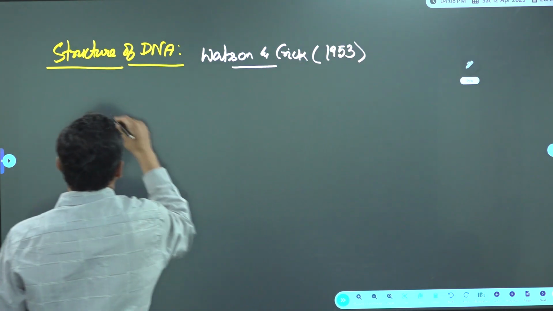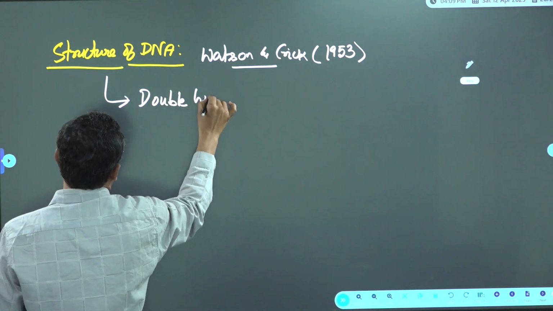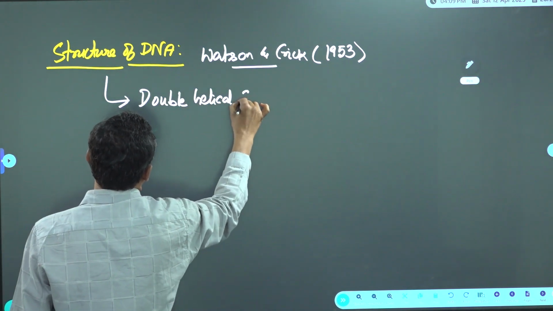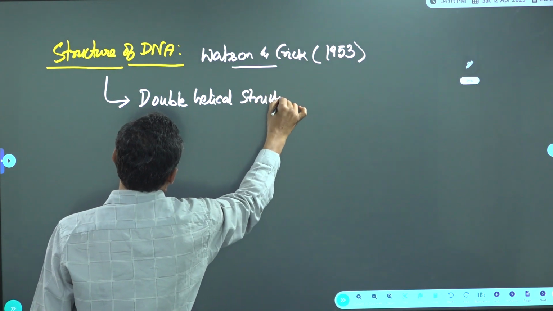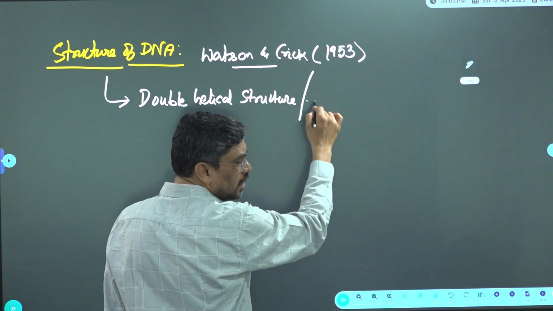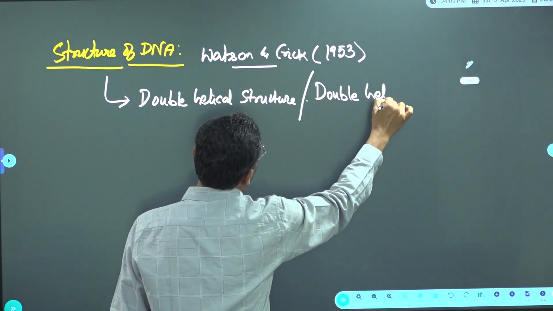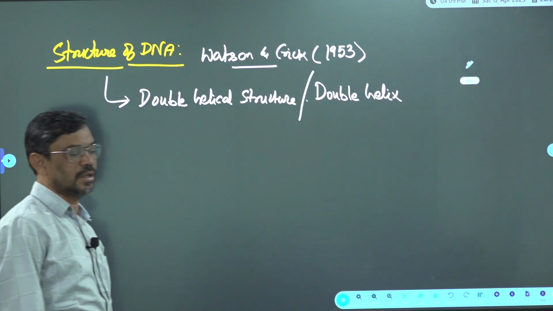According to them, the DNA has a double helical structure. DNA is a double helix, or you can say double helical structure.